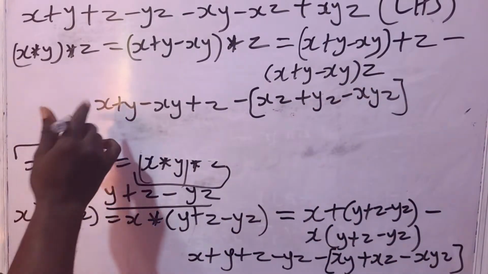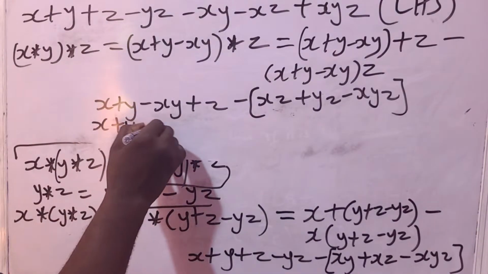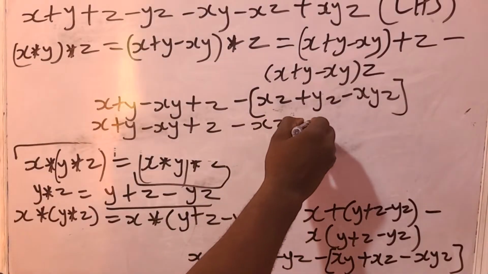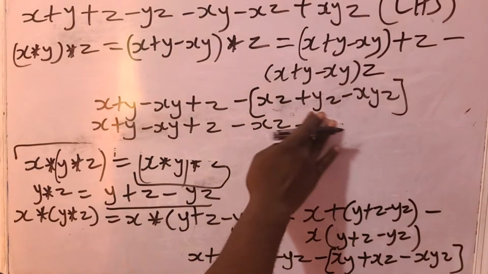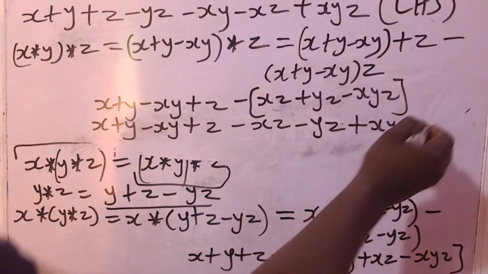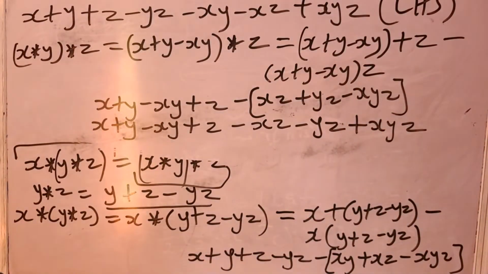So this will leave me with x plus y minus xy plus z minus xz minus yz, then plus xyz. So we are absolutely done with our right hand side. So this is the right hand side right here.